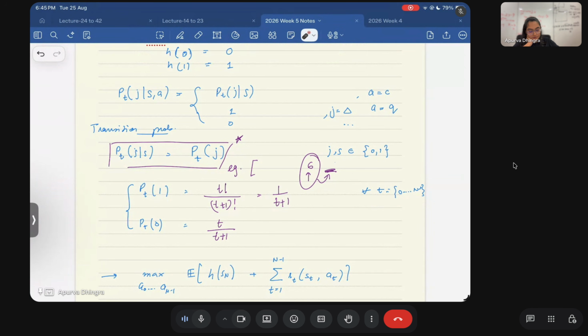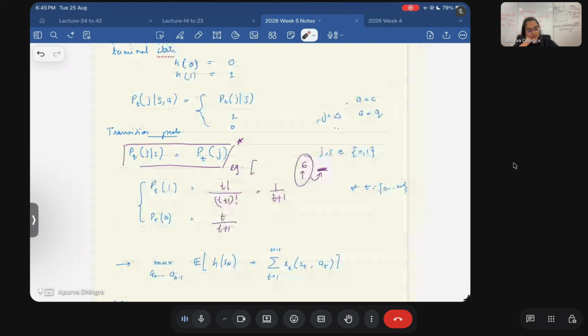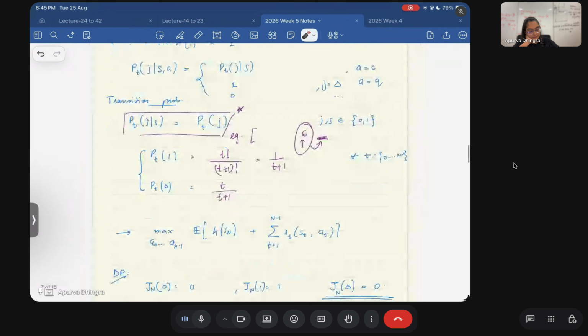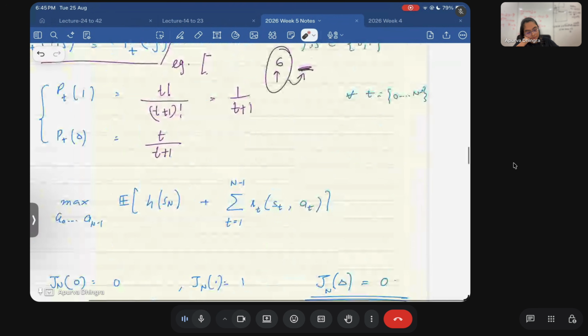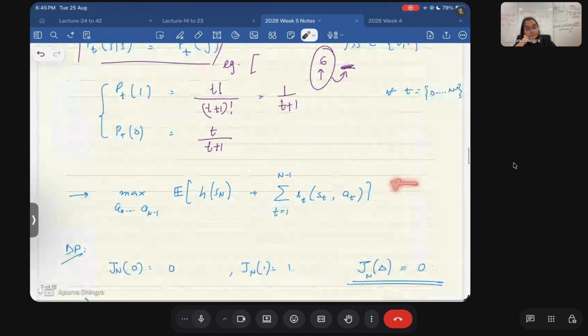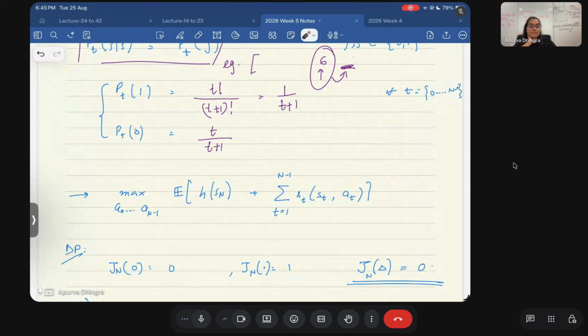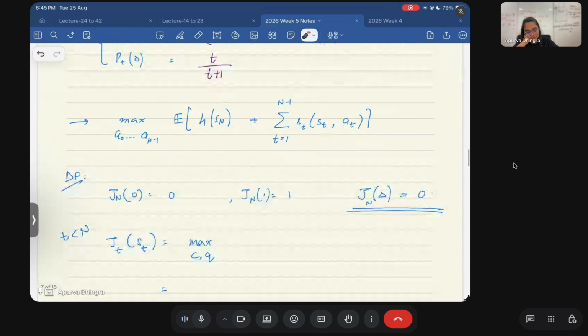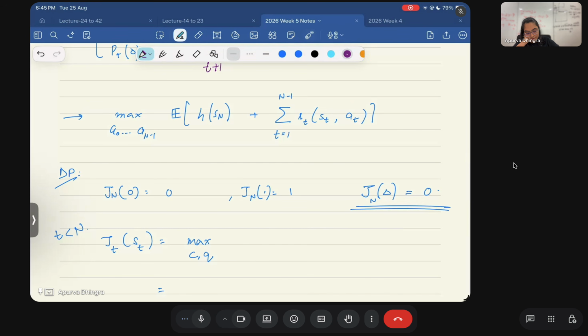Okay, so we have the transition probabilities also. So for us, the next job is to actually apply dp to this problem and solve for the following. To apply dp means we are looking at stage wise. Let's say at the terminal step, so at t equal to n, we are told what is happening at the terminal state.